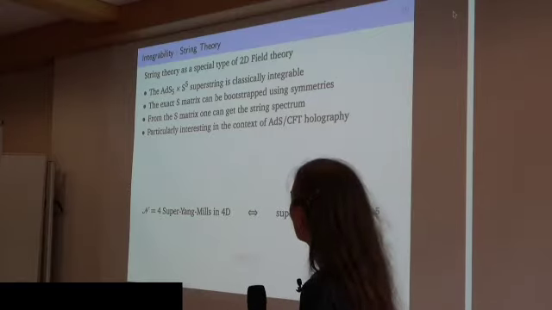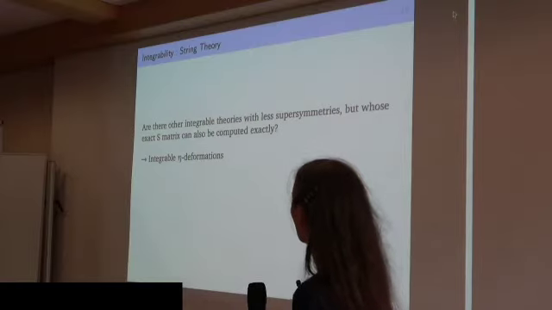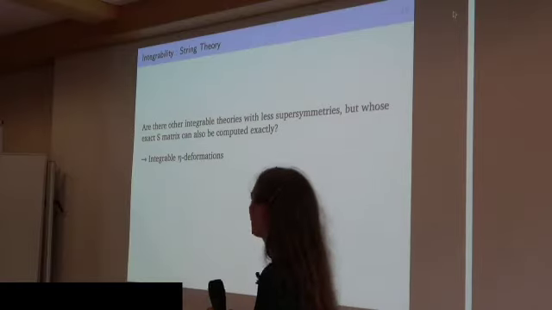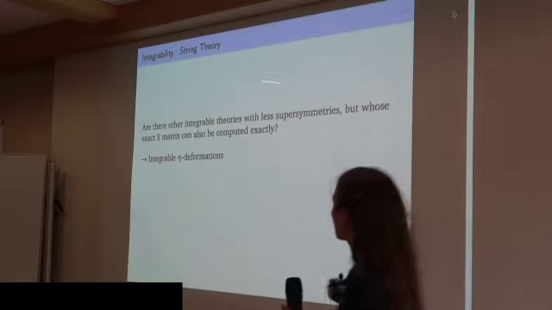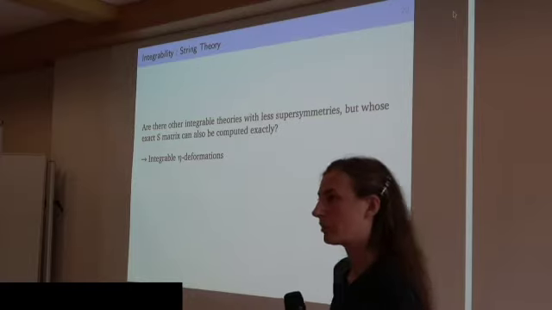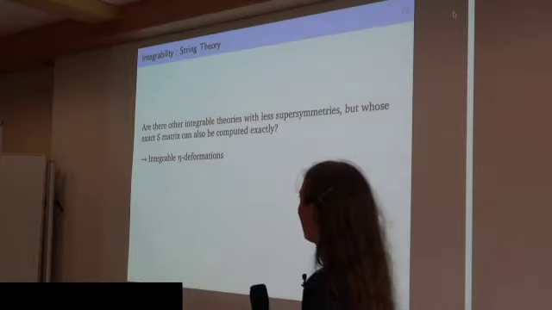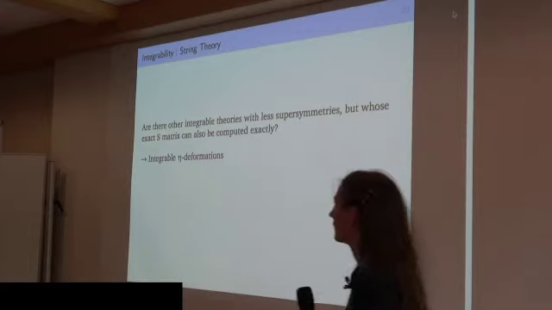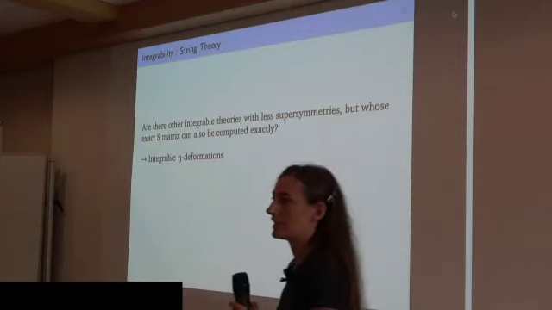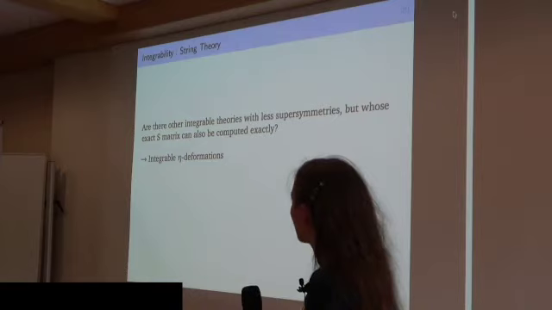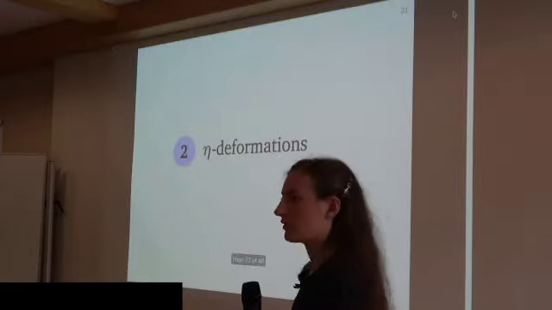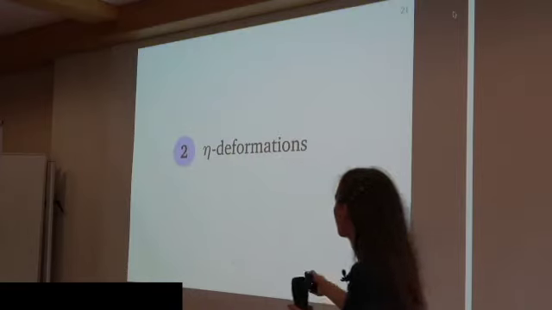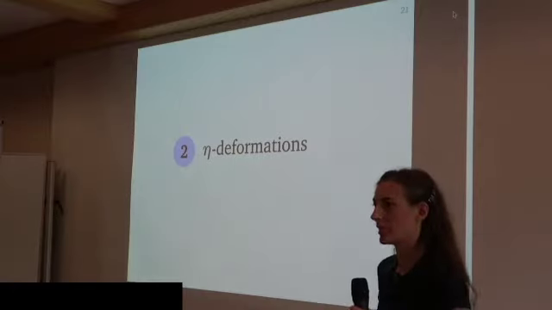So you can obtain other integrable theories with fewer supersymmetries, but whose exact S matrix can also be computed exactly. And one specific example are the integrable eta deformations. So now I come to the second part of the talk where I present the features of these eta deformations.